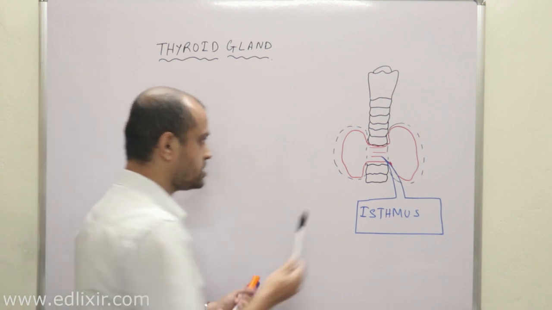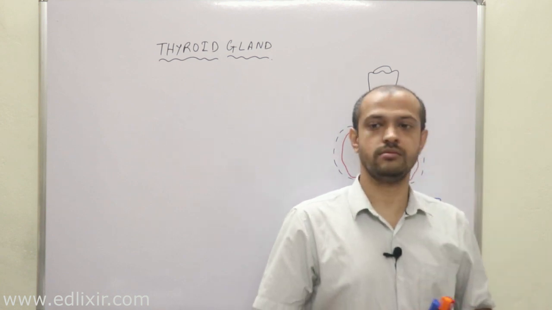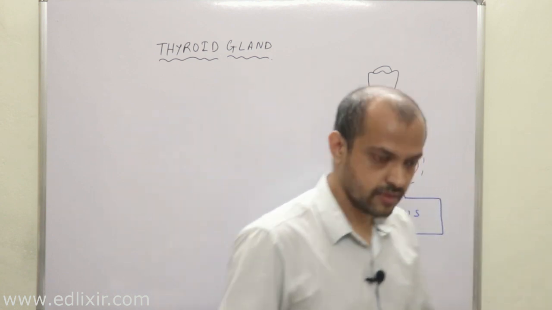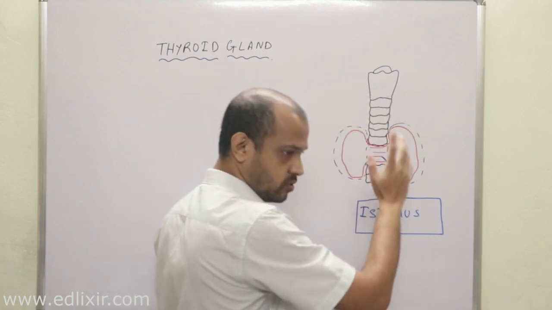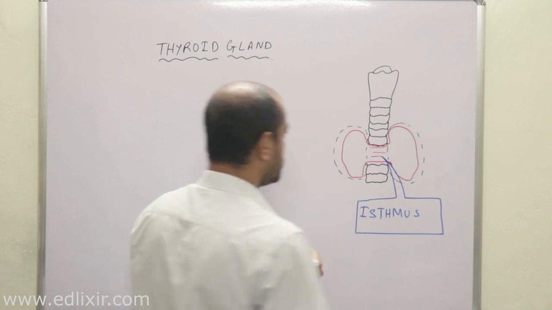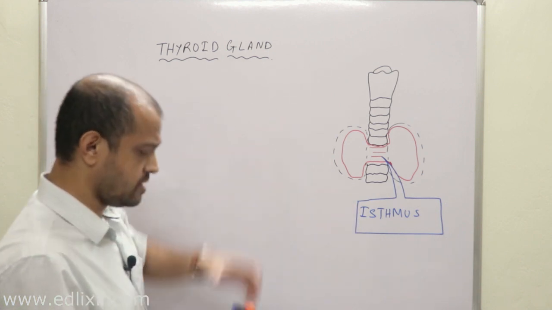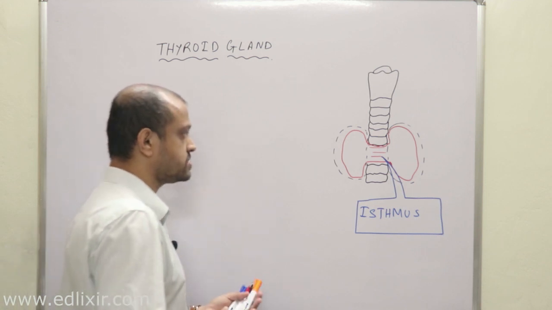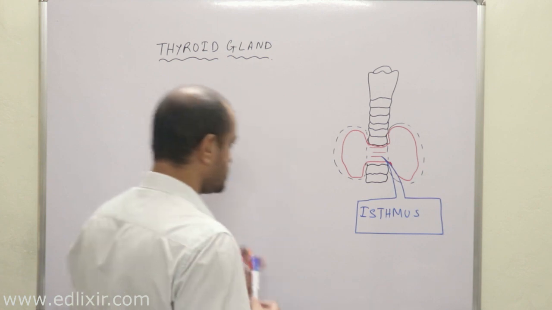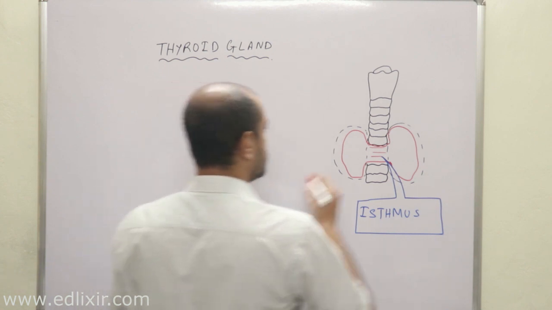So if I stand like this, this is our right thyroid gland, and this is our left thyroid gland, or right thyroid lobe and left thyroid lobe. Now listen with all your attention. A very important point here we need to understand is that thyroid glands are supplied by two main arteries.